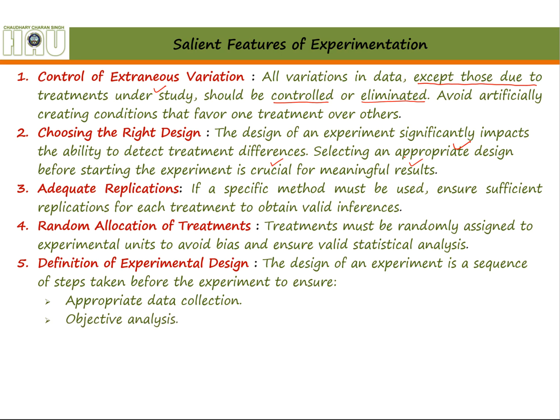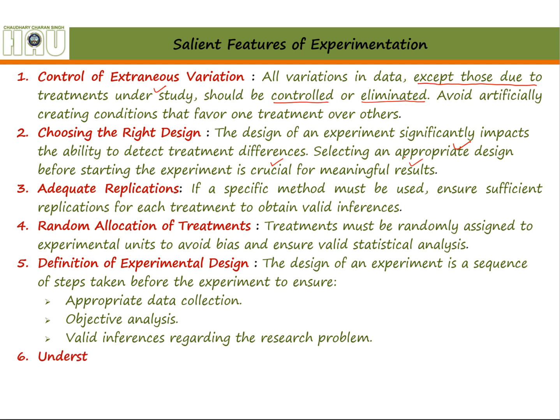Then objective analysis: what kind of research question you are asking, and whether your design is capable of answering these questions. Then number 3, valid inferences regarding the research problem, and what inferences you can draw from the data which you have analyzed through a proper experimental design.